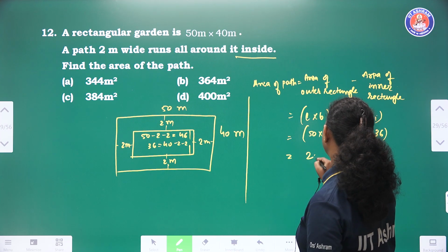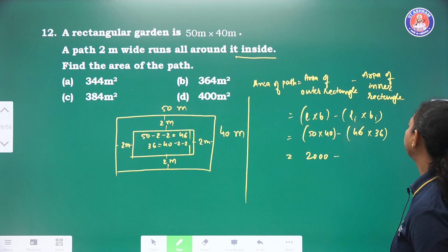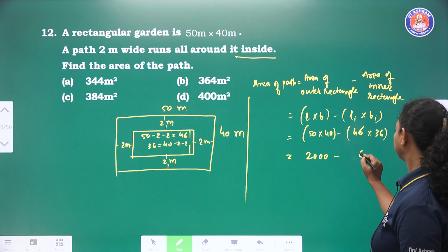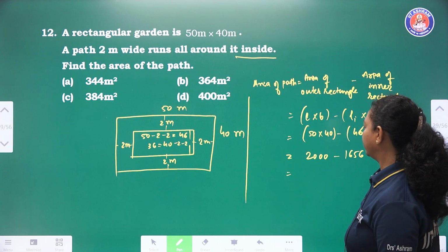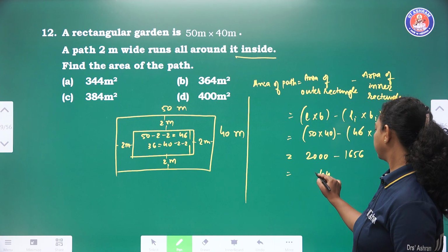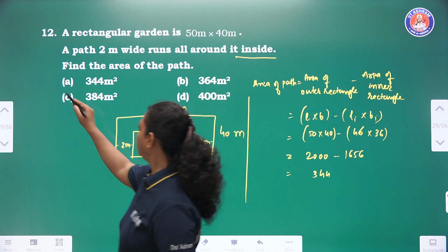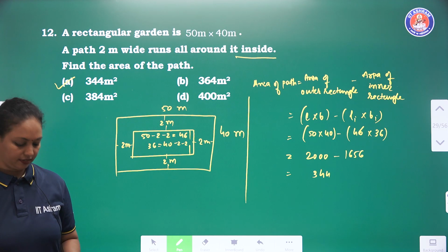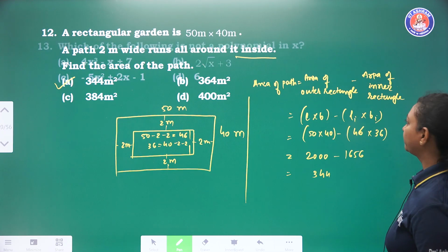So it is 2000, it's so simple, 46, okay, so 6 6s are 36. So 1656, and when we subtract it, it is 344. So the area of that path is 344 meters square. Clear? So move on to the next one.